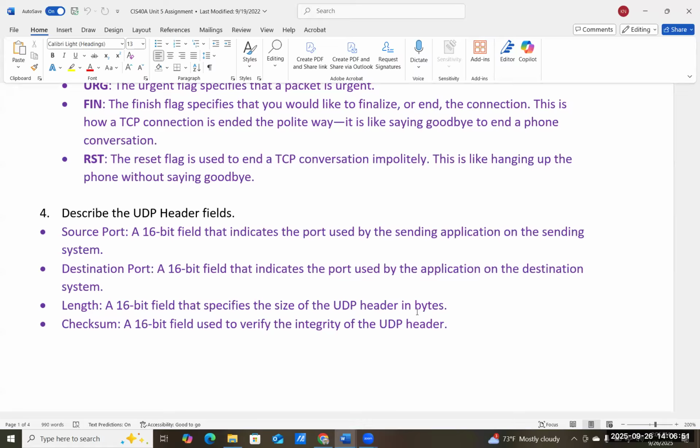So you need to know the components of your header. And then your checksum is just to verify that everything has integrity, or everything is valid there.